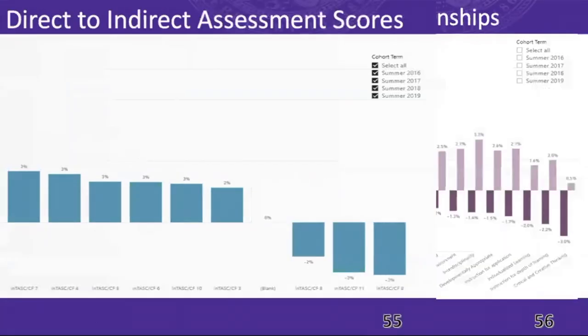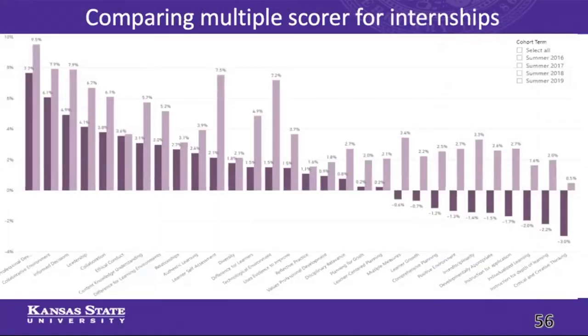In some programs, in internships, they often have an internship scorer scoring them, and they have the faculty going out and scoring them as well. So they take both those scores and put them together, and now they can compare the difference between the internship scorer and the faculty scorer, to identify that the faculty are scoring them less severely in these particular areas than the internship director.